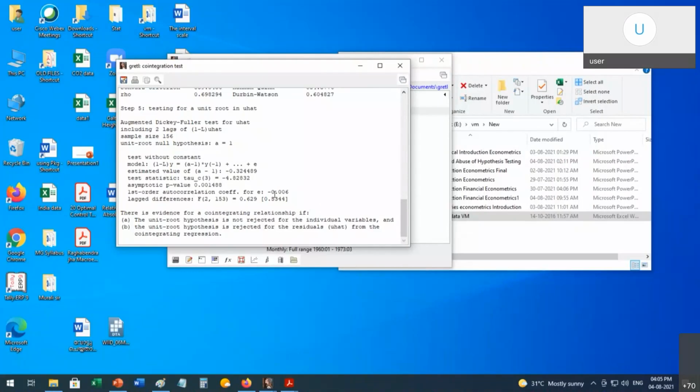Again remember, these days we do not go for the single equation residual-based tests. So this is only for illustration that I have shown. The test that is reported everywhere these days is the JJ test, the Johansen-Juselius test. So I shall show you now how we do that.